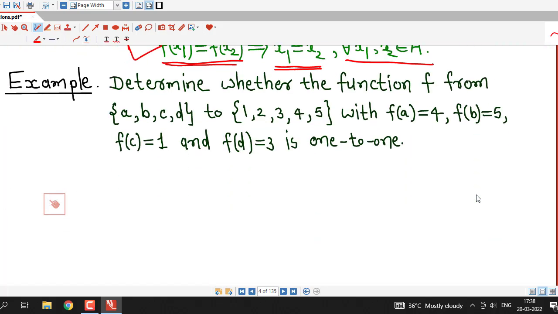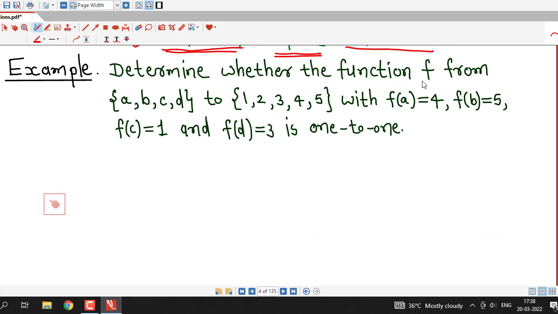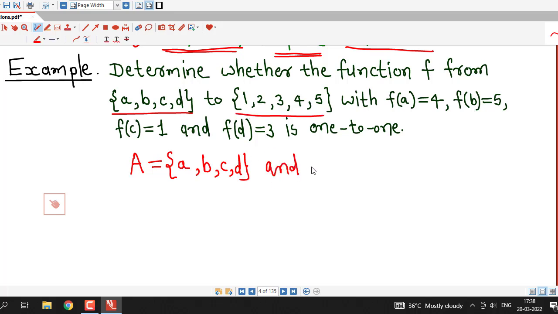We consider one example. Determine whether the function f from set A to set B is one-to-one. Suppose A equal to {a, b, c, d} and set B is {1, 2, 3, 4, 5}, and it is given that the image of a is 4, image of b is 5, image of c is 1, and image of d is 3.